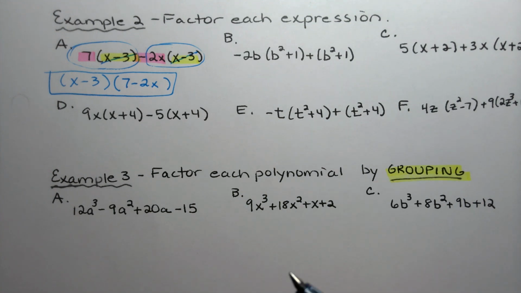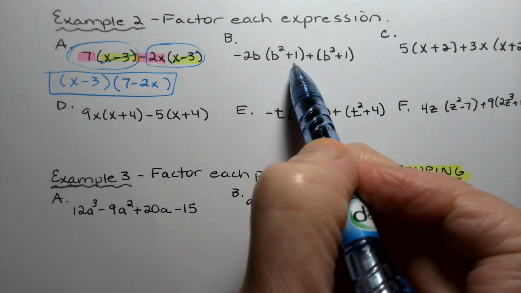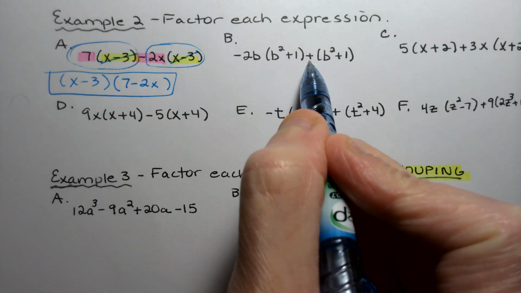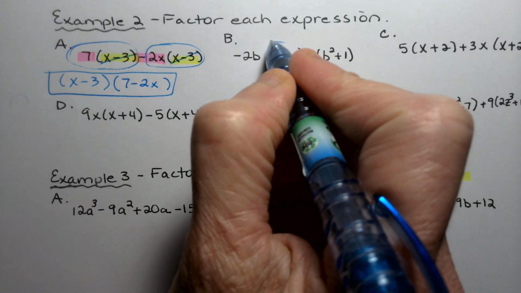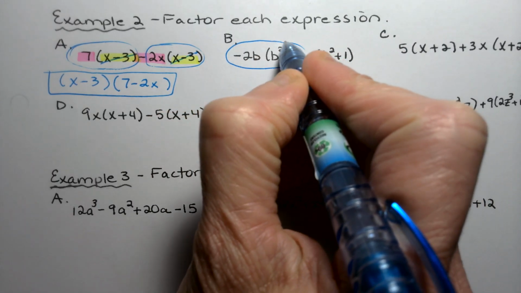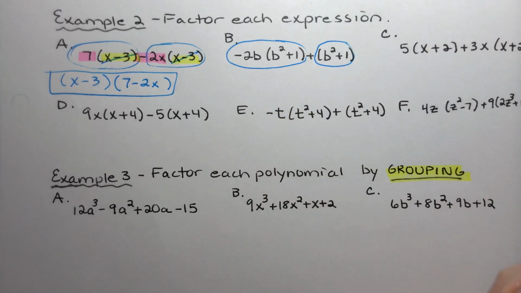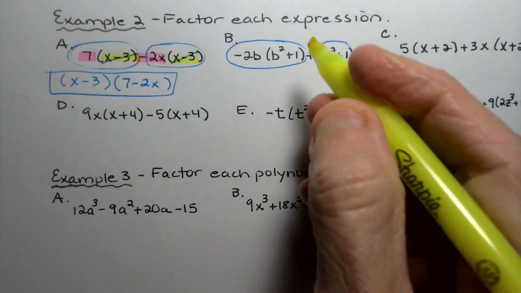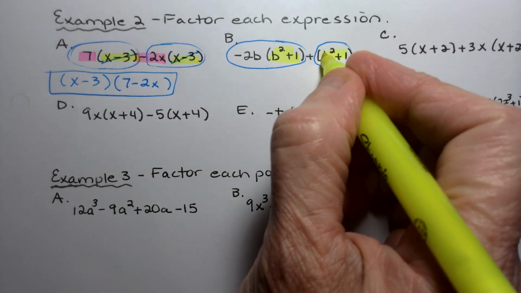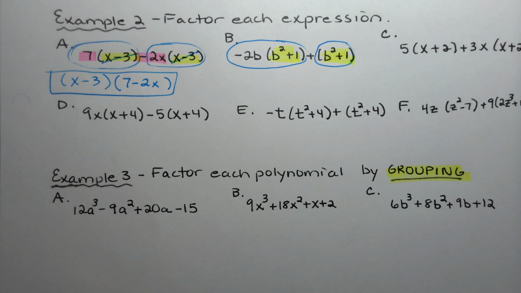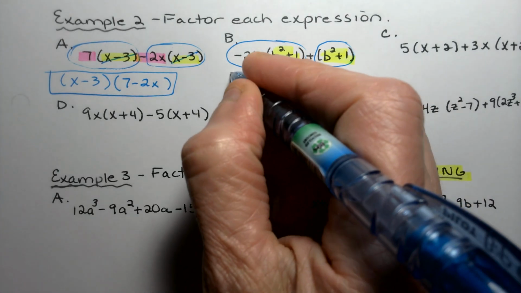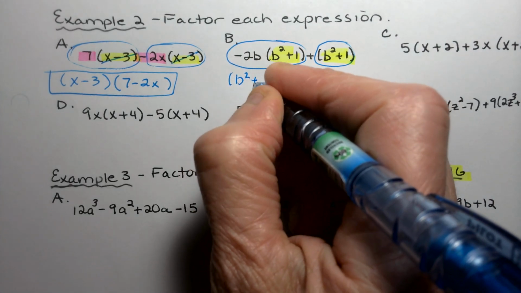Again, where's that addition sign? Well, there's several of them, right? But this is right in the middle of it. It's not in a parenthesis. So again, view this like two bigger terms. What's the same in both? What can we factor out of both? We can factor out the b squared plus 1.